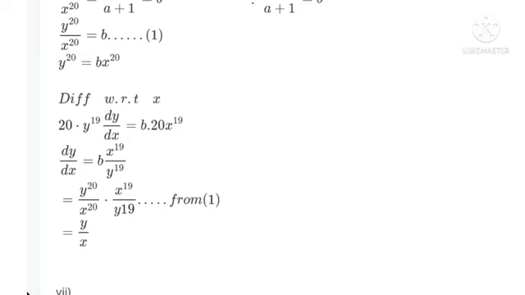From this you calculate dy by dx. So we get dy by dx is equal to b, 20 gets cancelled, b into x raised to 19 upon y raised to 19. Put the value of b, y raised to 20 upon x raised to 20. So we get the final answer: dy by dx is equal to y upon x. Okay.